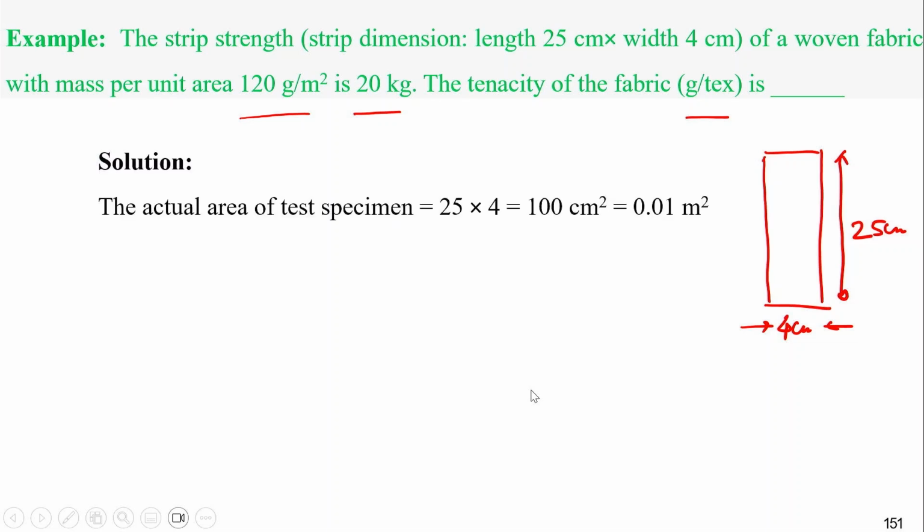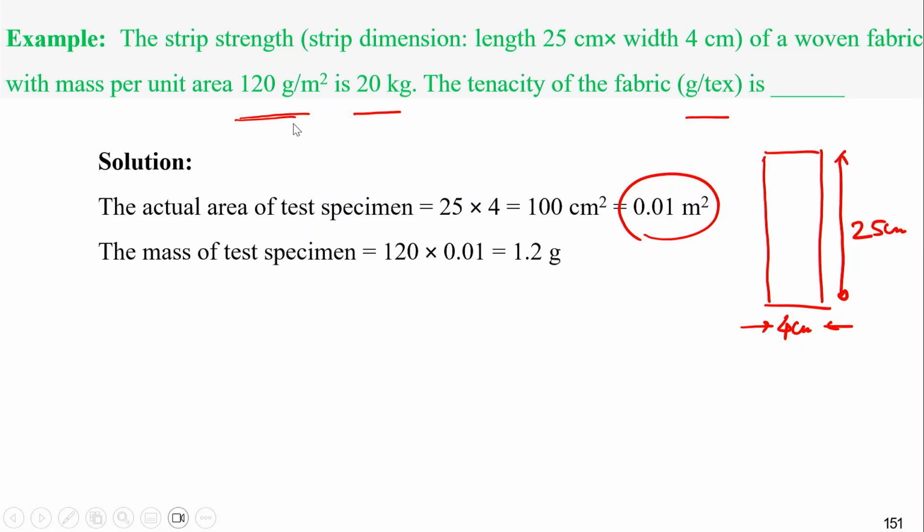From there we can calculate the actual mass of the material. With 120 gram per square meter, the total mass of the specimen will be 1.2 gram.